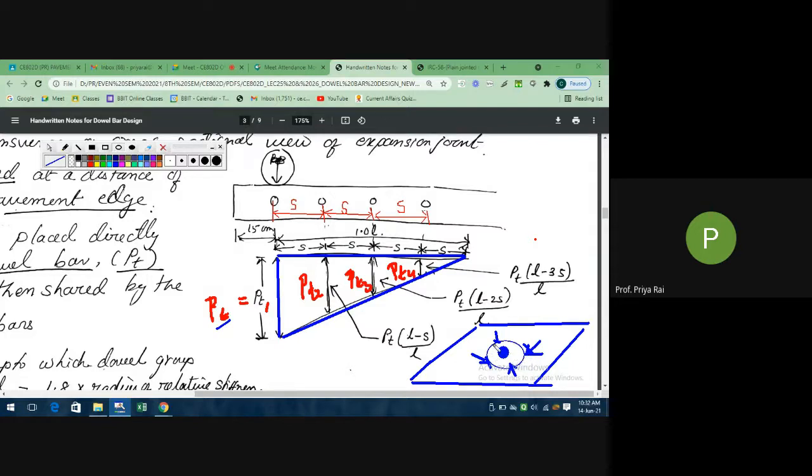That means the effect of this weight will end till here. This ball will affect this paper till the radius of relative stiffness.